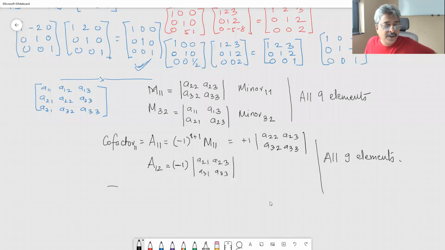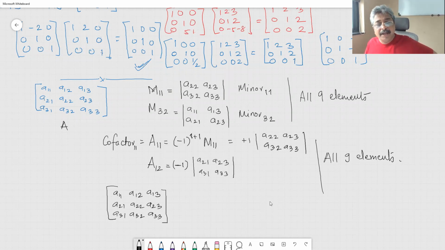Now understand, suppose this is our matrix A: A11, A12, A13, A21, A22, A23, A31, A32, A33.